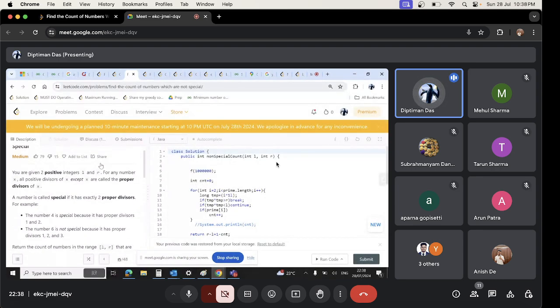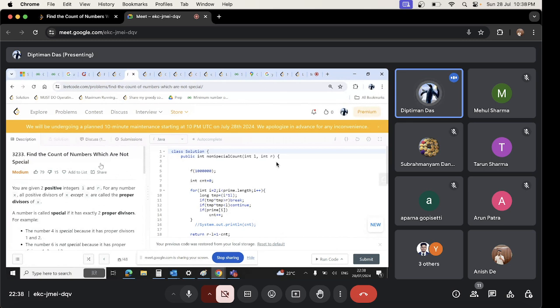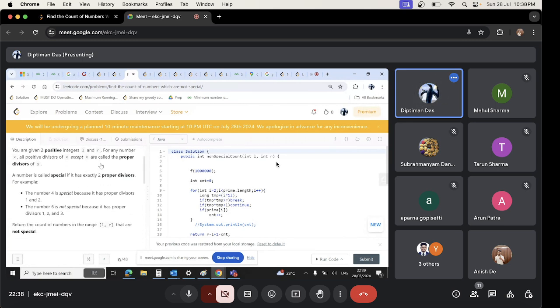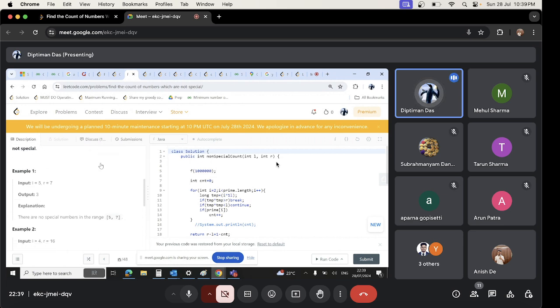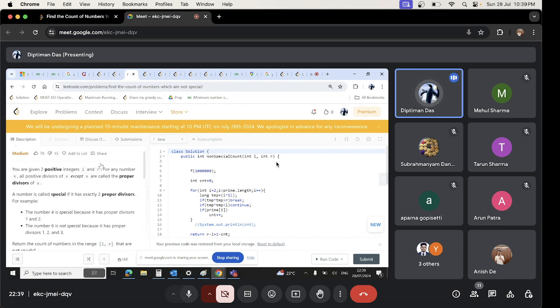So basically in this question we are given L and R. It's the range, and we have to find the numbers which are not special. Special numbers, they have said, are numbers which have only two proper divisors.